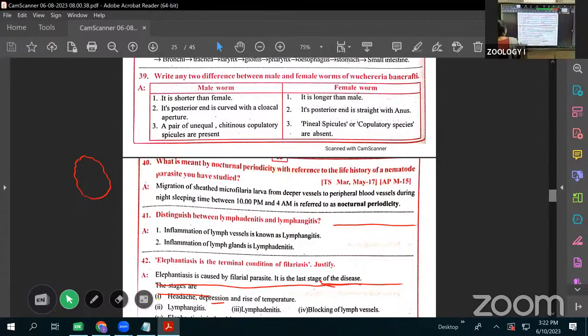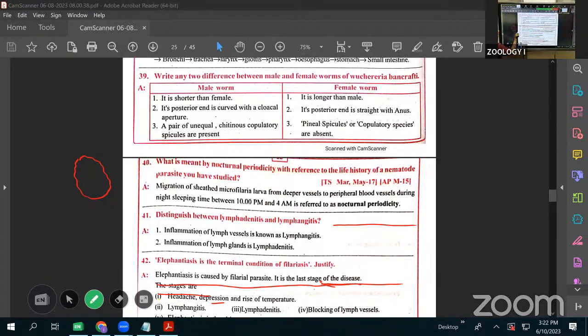Next is an important one: nocturnal periodicity. Here, Wuchereria bancrofti. The larva is called the sheathed microfilaria larva. It migrates from the deeper blood vessels to the peripheral blood vessels at night, between 10 p.m. and 4 a.m., referred to as the nocturnal period.